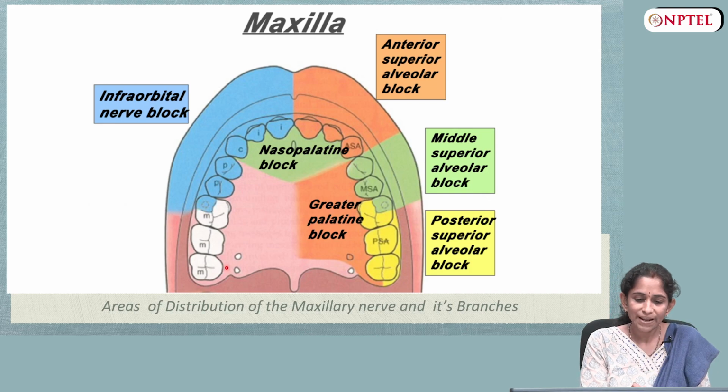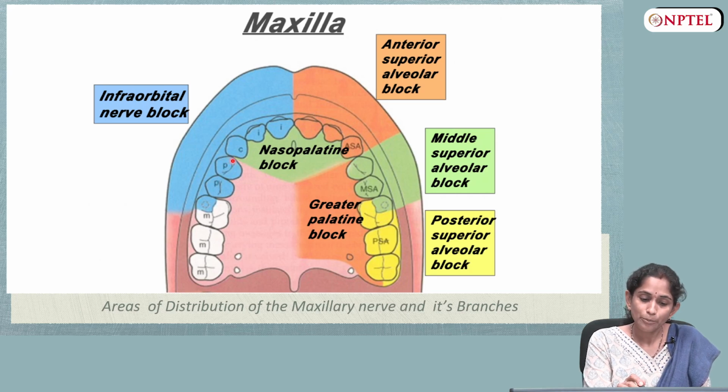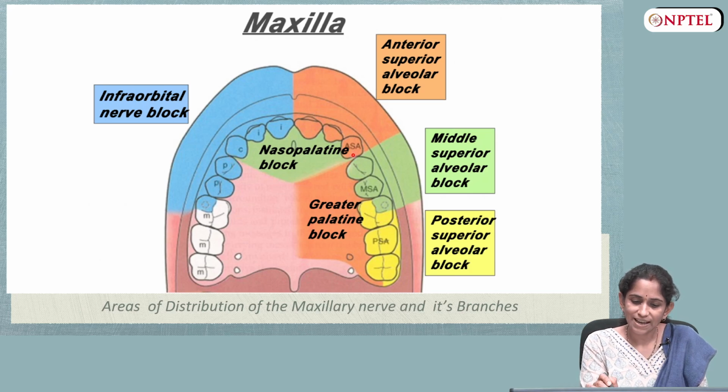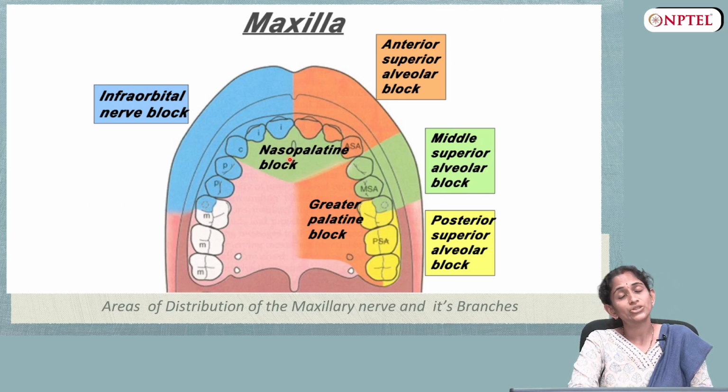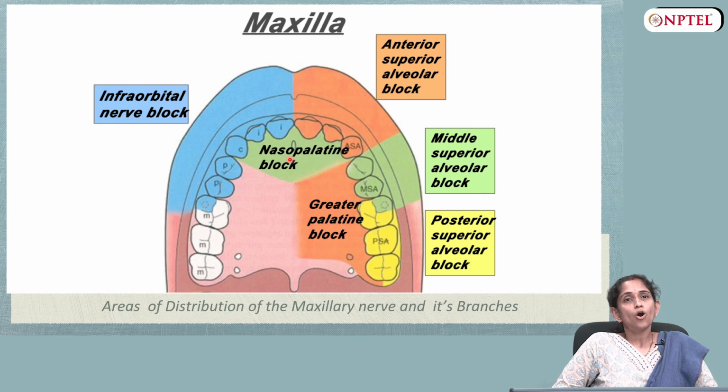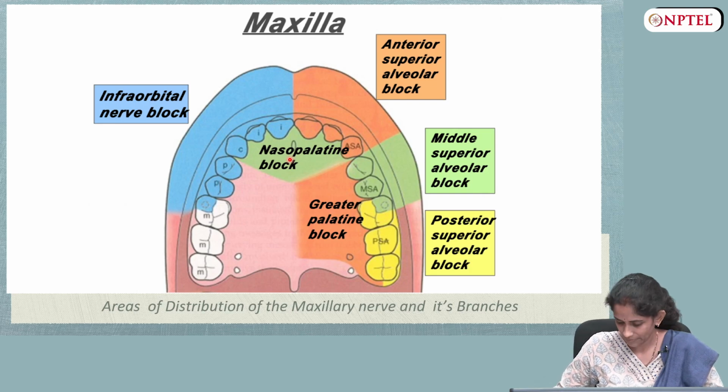Then the complete palatal mucosa from the third molar till the region of the canine is supplied by the greater palatine nerve, which is exiting through the greater palatine foramen. Then the palatal mucoperiosteum from the canine till the opposite side canine is supplied by the nasopalatine nerve. So this is the nerve supply of the teeth and the soft tissues enclosing the maxilla.